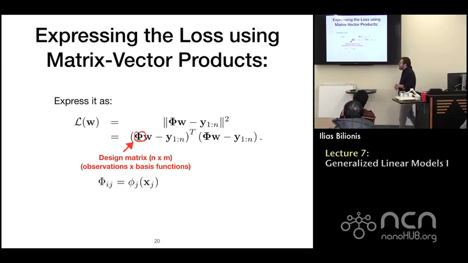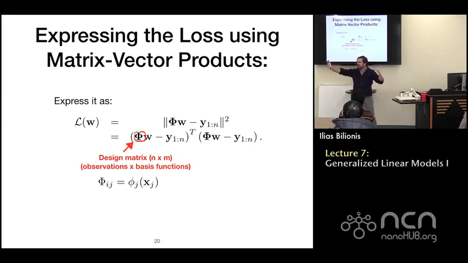And it is basically a matrix that consists of evaluations of the basis functions on each one of the points you have. So this matrix has as many rows as your observations and as many columns as your basis functions. So if you have n observations and m basis functions, it's going to be n times m.